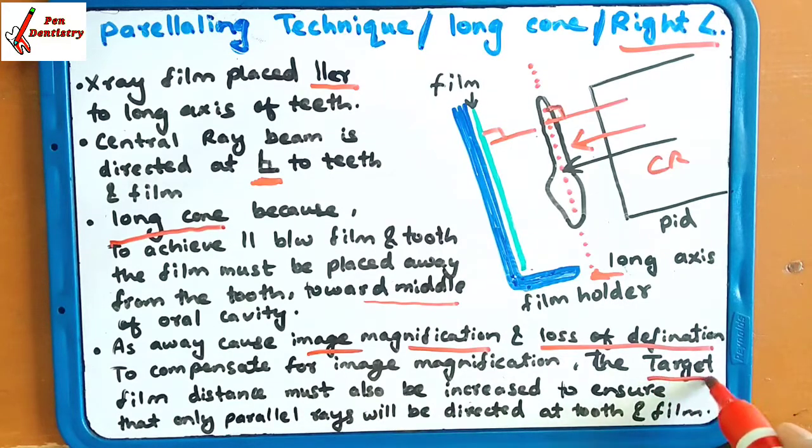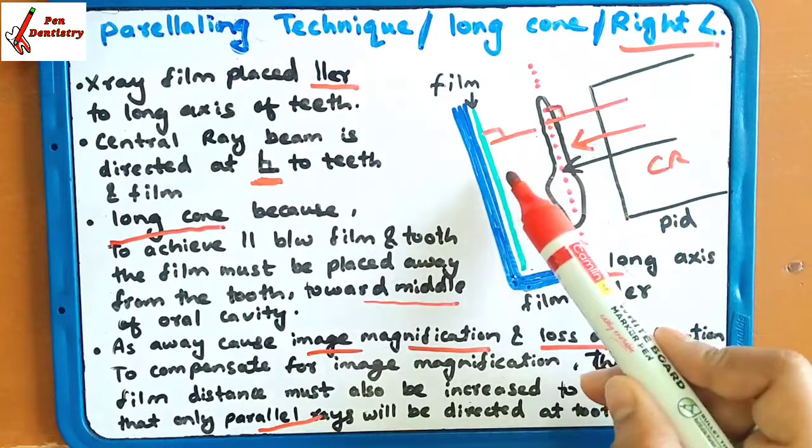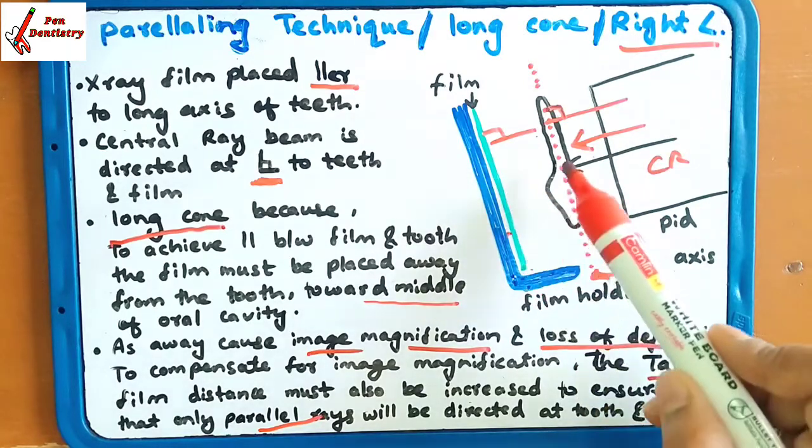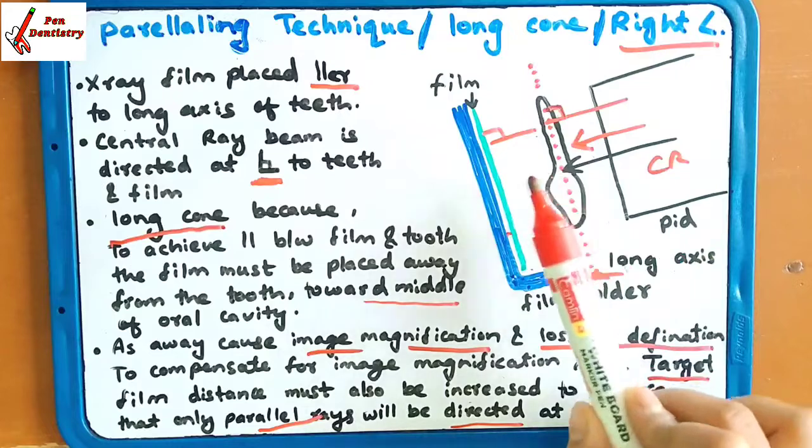To compensate for image magnification and loss of definition, the target film distance must also be increased, to ensure that parallel rays go directly towards the film and the tooth. To compensate for this, the film is placed away.